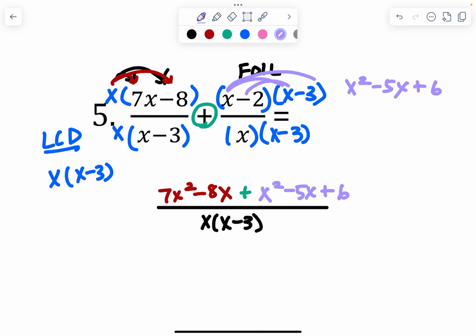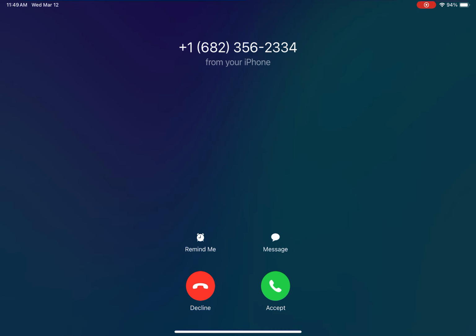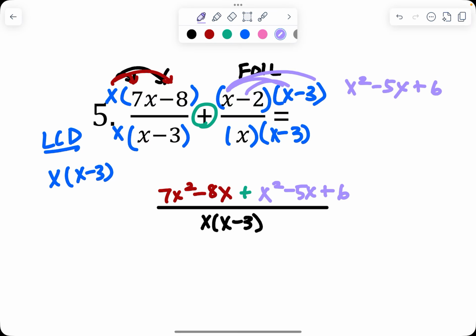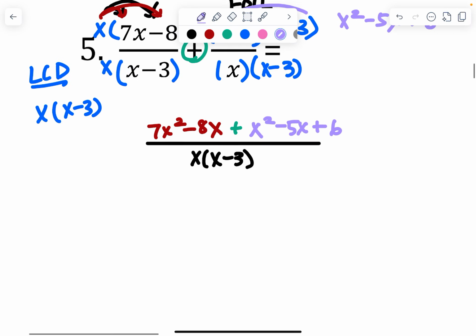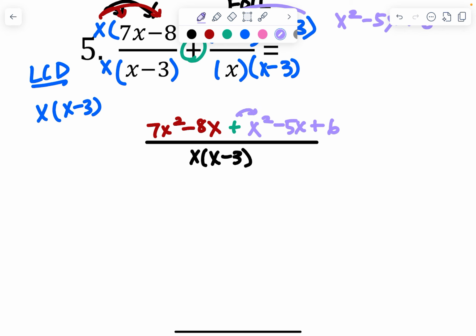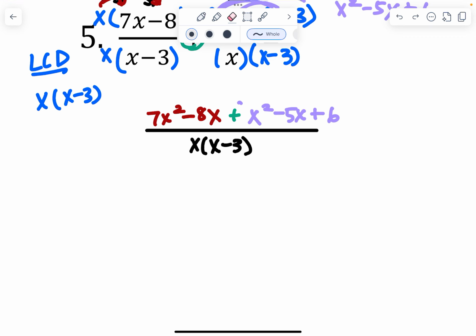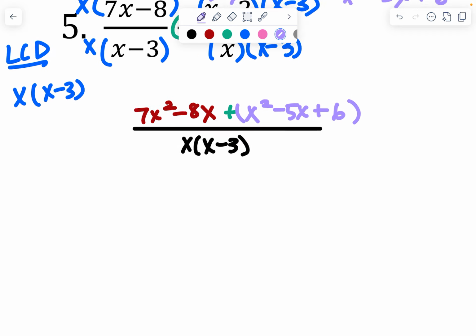Now, if that were a minus sign, you would have to distribute the minus sign. And so you might want to get in the habit of putting this in parentheses so that you would know to distribute that minus sign. That's a common mistake I see.